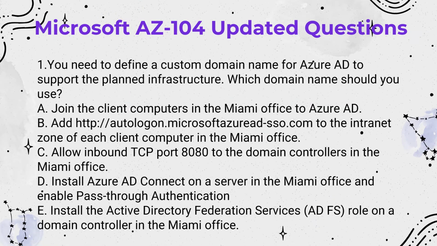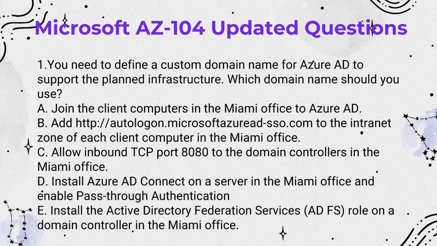1. You need to define a custom domain name for Azure AD to support the planned infrastructure. Which domain name should you use? A. Join the client computers in the Miami office to Azure AD. B. Add http://autologon.microsoftazure-ad-so.com to the intranet zone of each client computer in the Miami office.